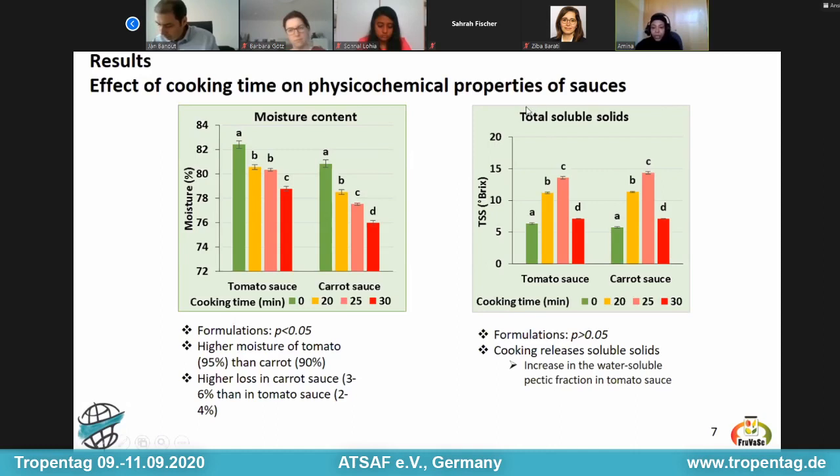So when we check the fresh, the total soluble solids, for instance, for tomato sauce was about 6, but with the cooking time for 20 and 25, there was an increase in total soluble solids and a decrease after the 30 minutes of cooking. The same trend was observed for carrot sauce.